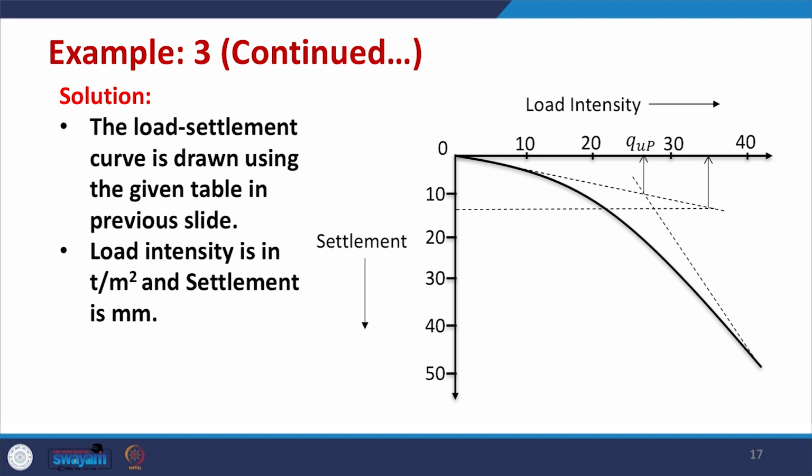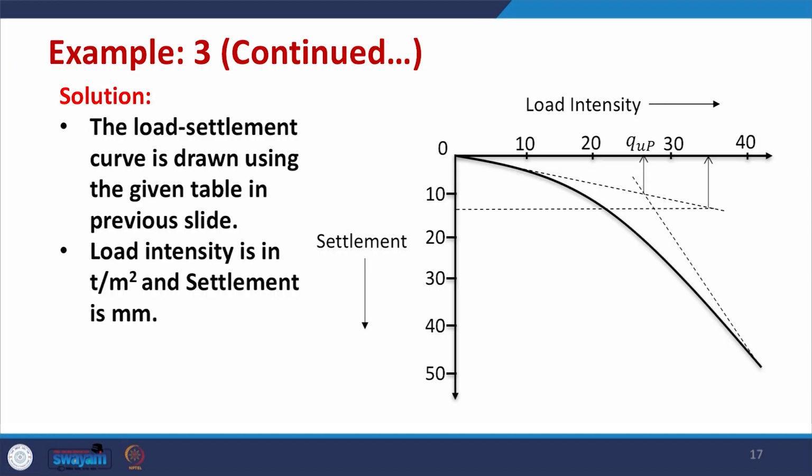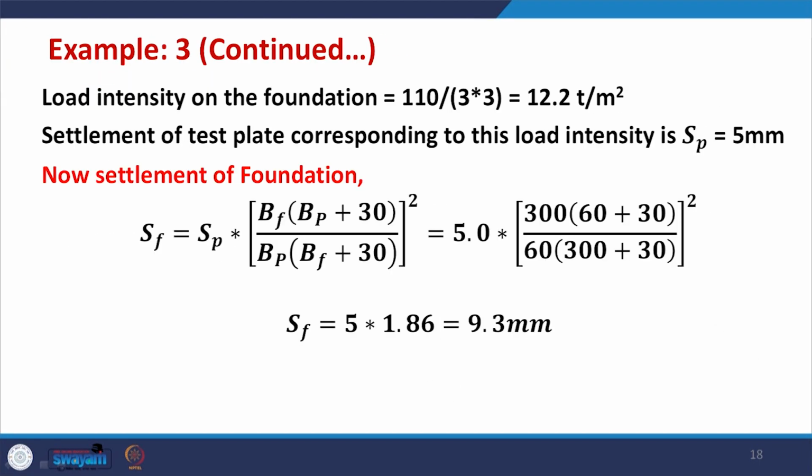Or otherwise, directly from this table, 12.2 will be between 10 and 15, so the settlement will be between 4 and 7.5, and interpolation gives you the value Sp equal to 5 mm. So, the settlement of the plate is 5 mm.